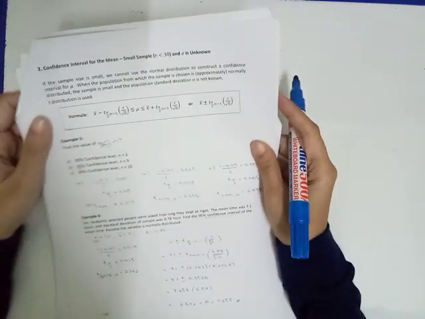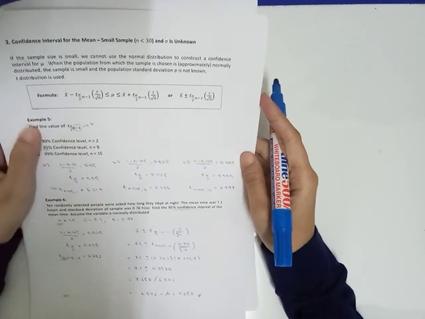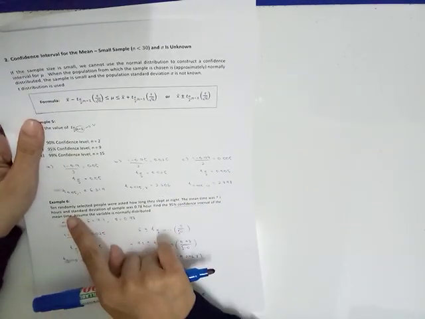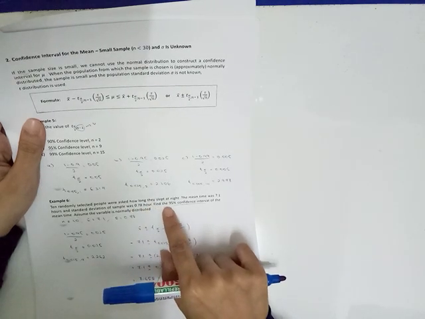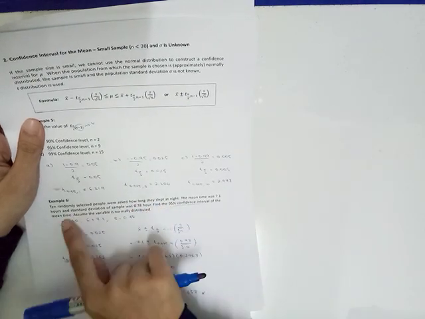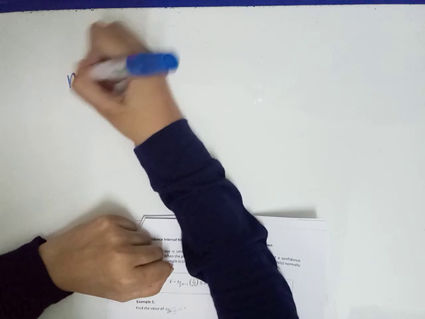Alright, look at example 6. 10 randomly selected people were asked how long they slept at night. The mean time was 7.1 hours and the standard deviation of the sample was 0.78 hour. Find the 95% confidence interval of the mean time. Assume the variable is normally distributed. So, what is the sample size?